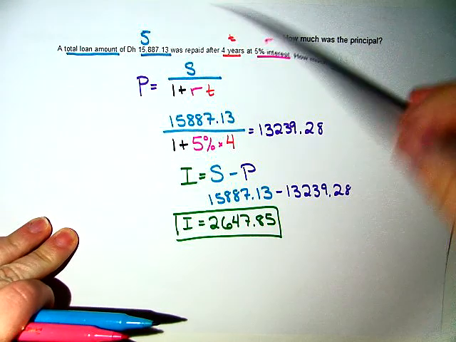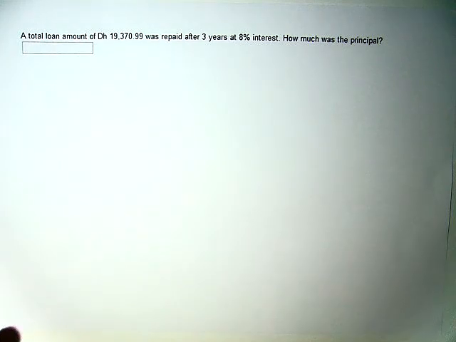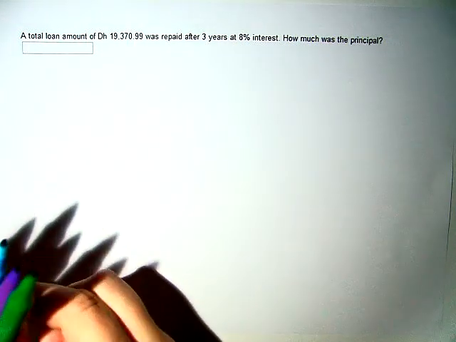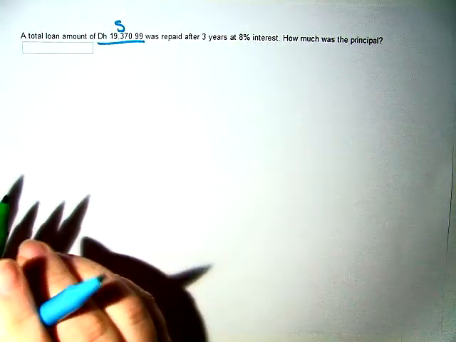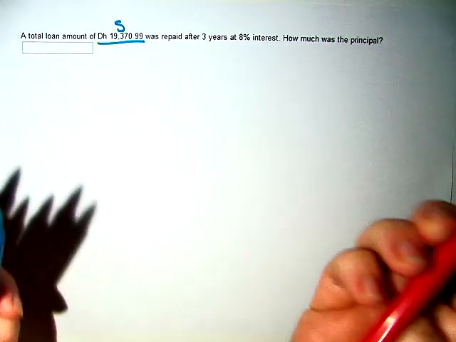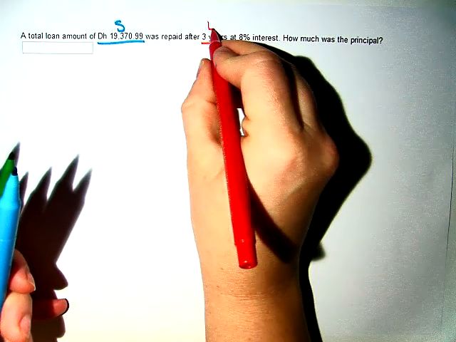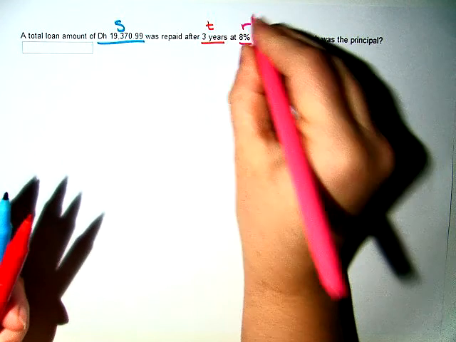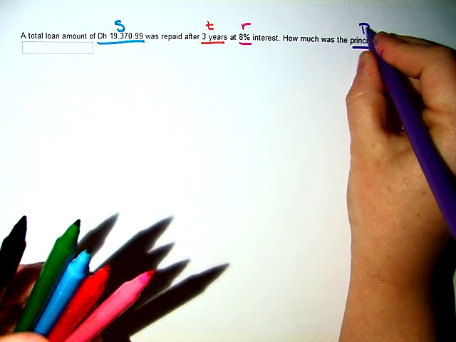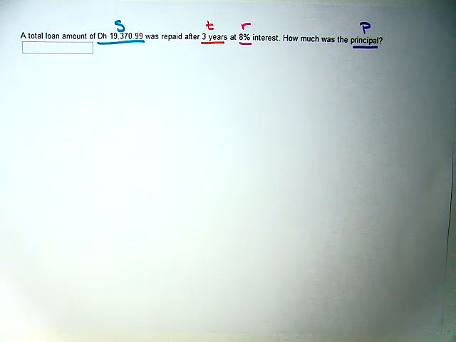Okay, very, very last question. A total loan amount of, so this is my S, was repaid after 3 years, that's my time, at 8% interest. That's my rate. How much was the principal? So they straight up asked you, how much is the principal?